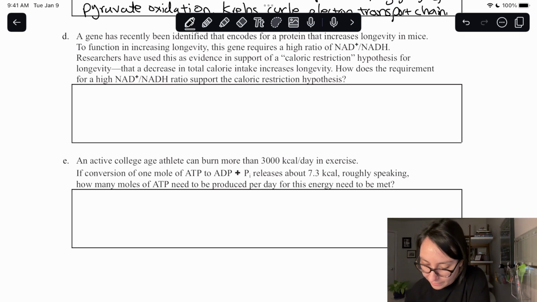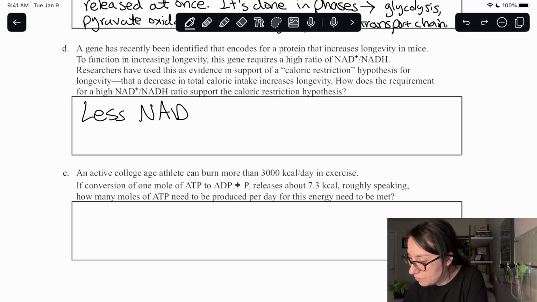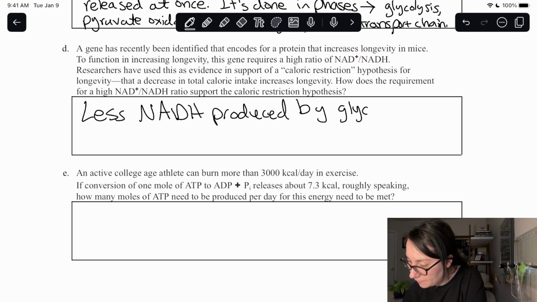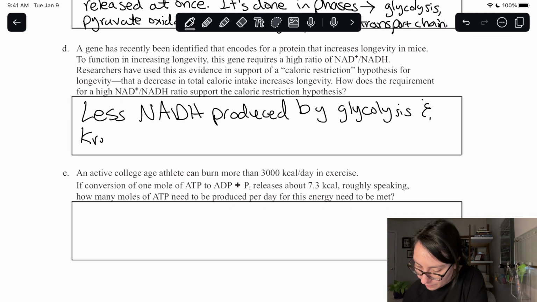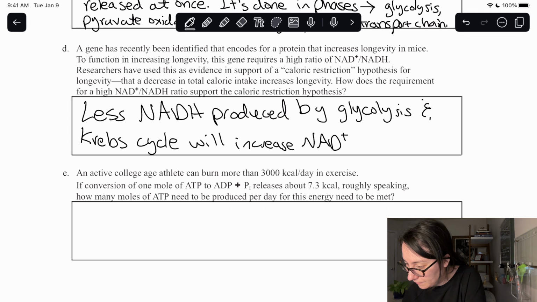So what you're going to say here is that less NADH produced by glycolysis and Krebs cycle will increase the NAD+/NADH ratio.